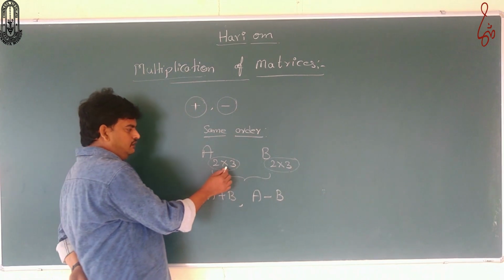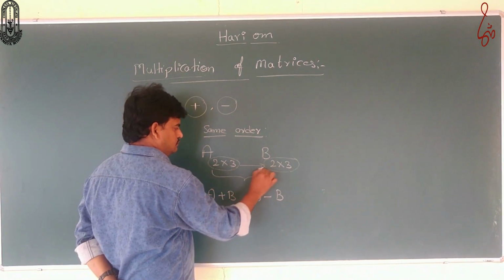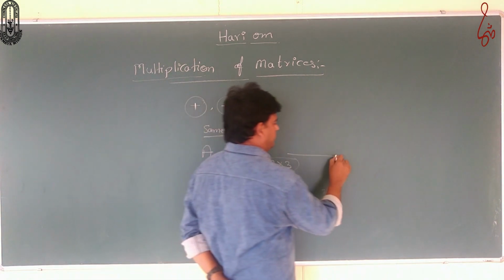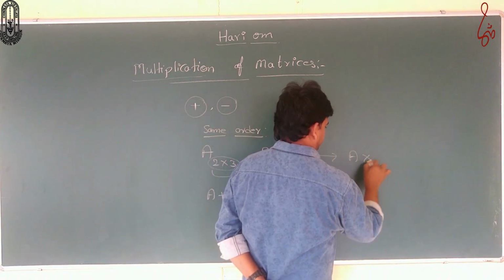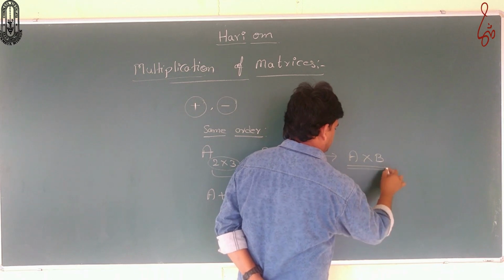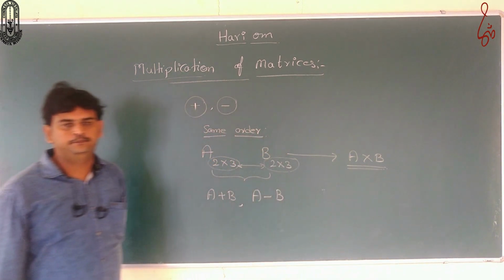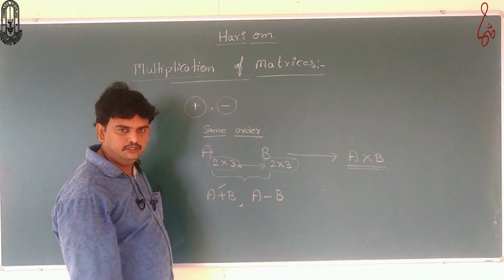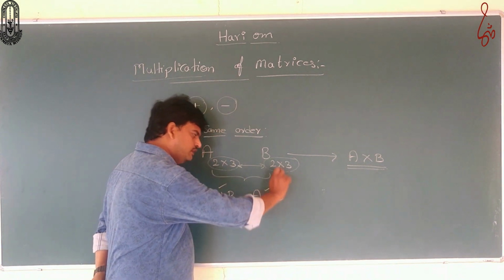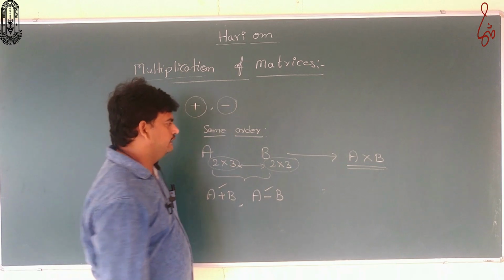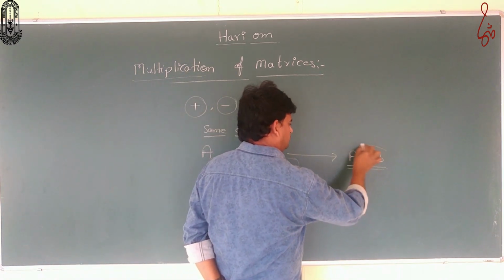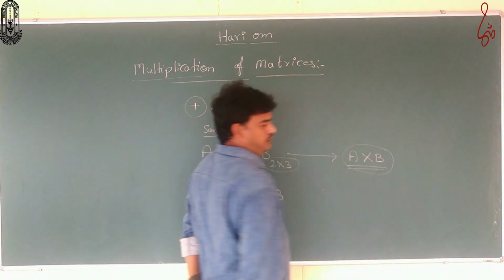Now, when we have two equal order matrices, is it possible to find the product? When there is a possibility to find the addition, there is a possibility to find the difference, then is it possible to find the product of the matrices or not?